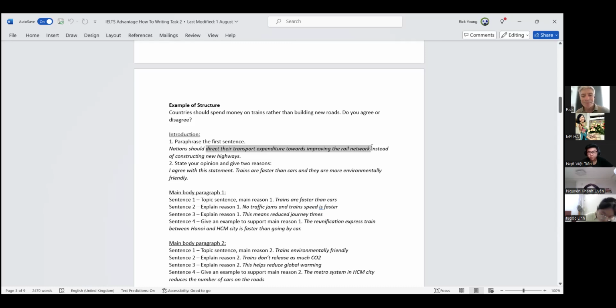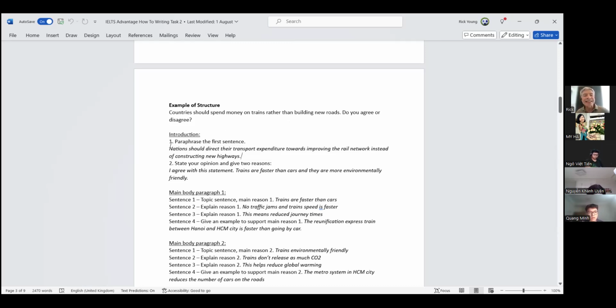The rail network. Correct. Rail network is just a formal way of saying trains, railway lines. Good. Instead of saying building new roads, what have I said? Constructing new highways. Correct.